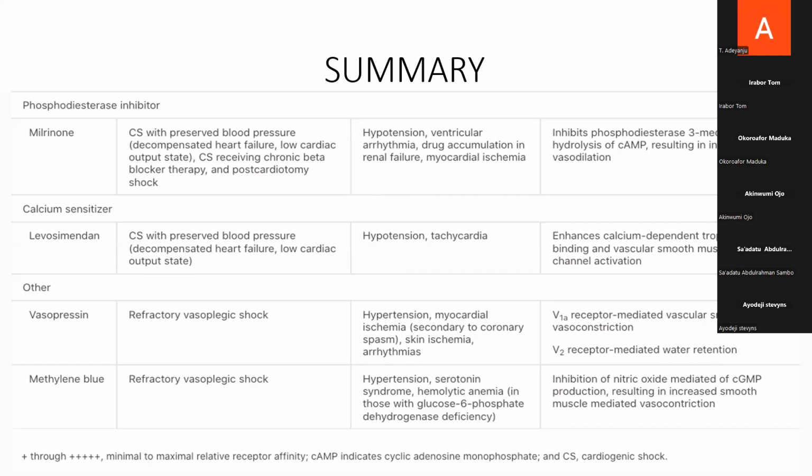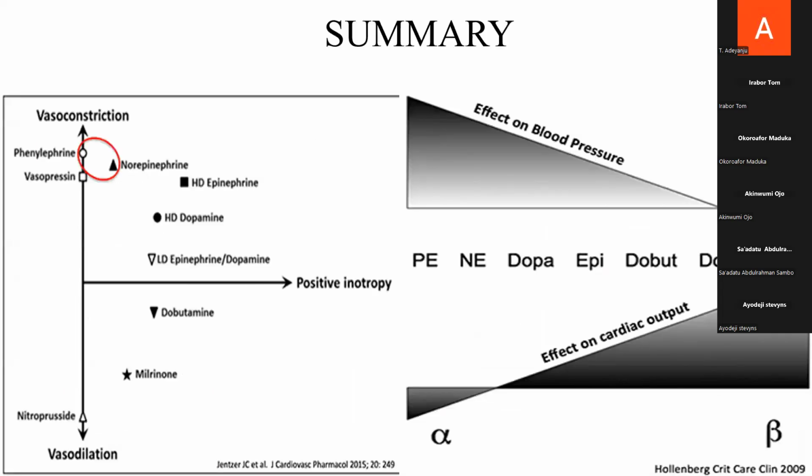When you go towards the right, the norepinephrine, dopamine, epinephrine tend to affect inotropy. And then your dopamine and milrinone affect inotropy, but don't tend to affect your blood pressure a lot. Then on the right is essentially the same thing. I'm just repeating myself. Okay, next slide.